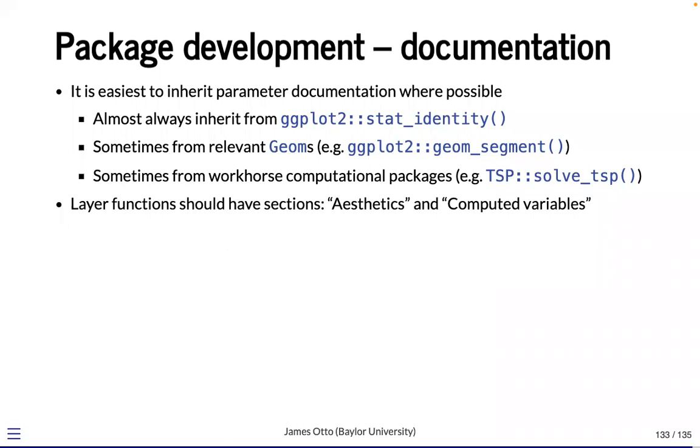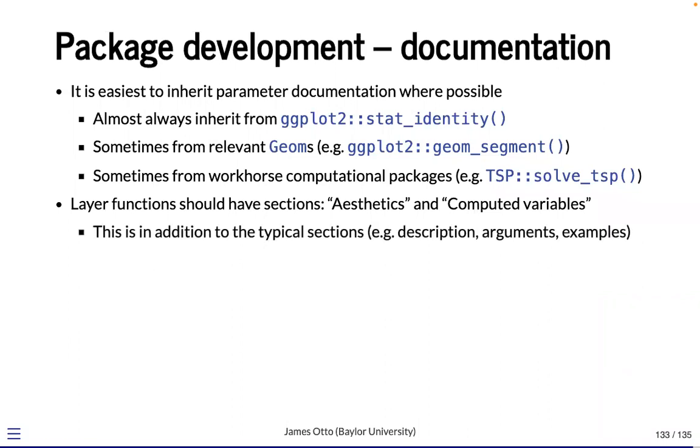In fact, these sections have standard formats, and the way that you use those formats is you go to GitHub and you copy paste, you steal it from ggplot2. That's what you do. And you can make tweaks if you want to, but steal. For the record, that's what ggplot2 wants you to do. Everyone wants it to be standardized because that's what users want, I think.